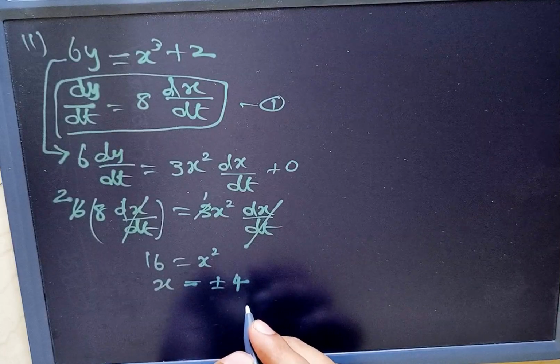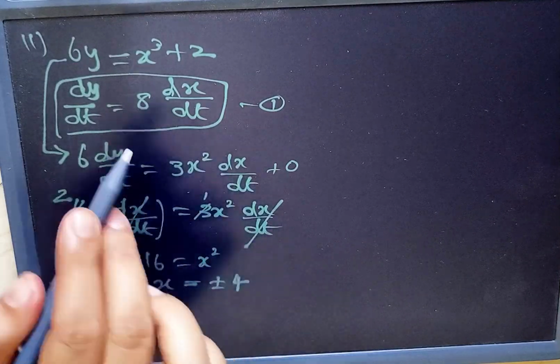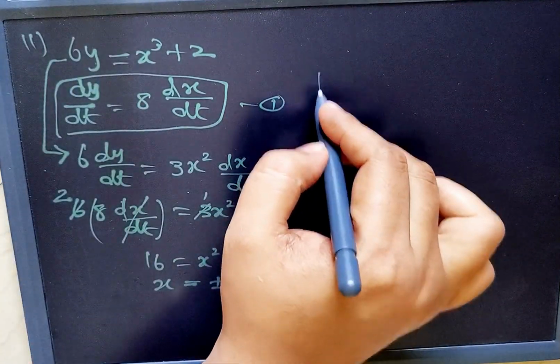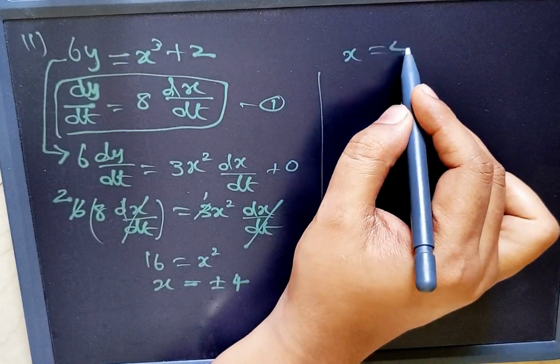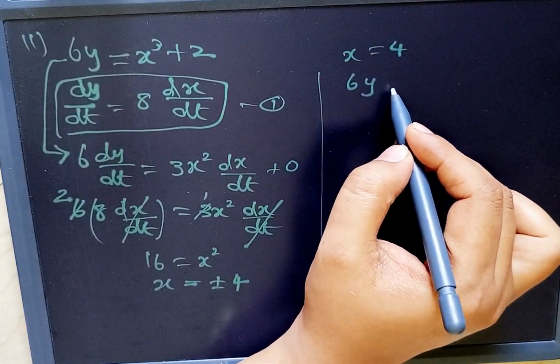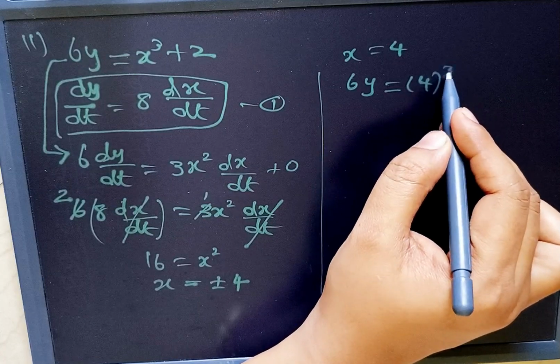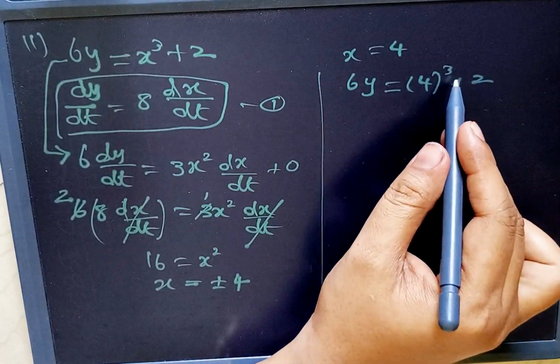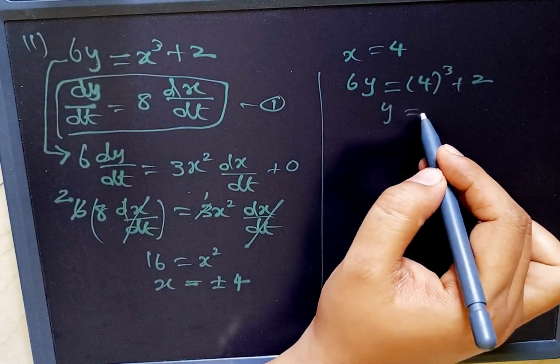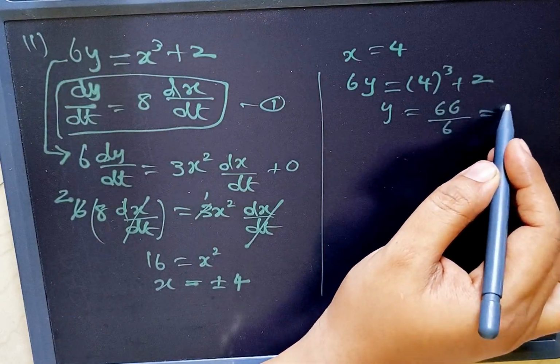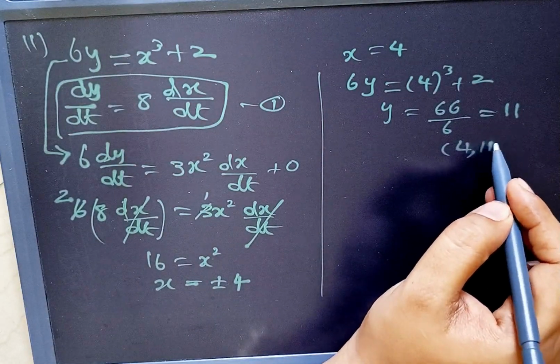Okay. So we need to find y. We need to find by substituting on this equation. So when x is plus 4, y will be 6y equal to 4 cube plus 2. 4 cube is 64, 66. So y is equal to 66 by 6, we get 11. So 4 comma 11.